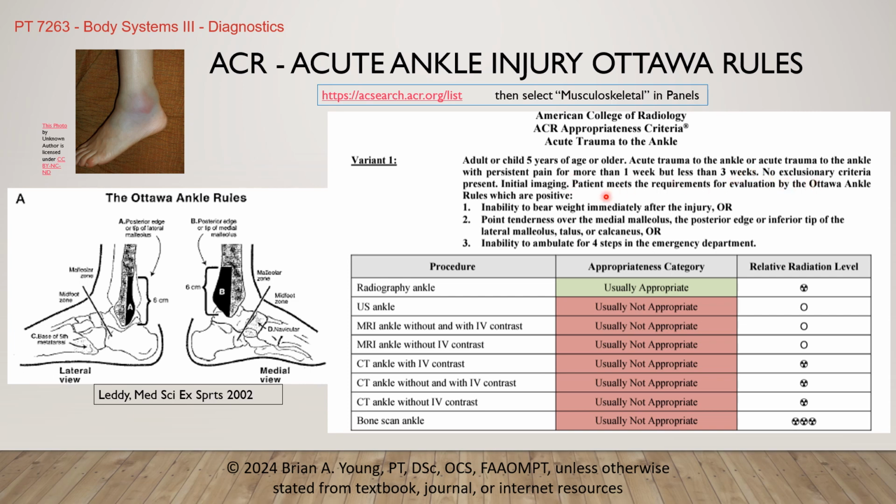Nothing exclusionary is present, and so for initial imaging, when the patient meets the Ottawa rules, radiographs are usually appropriate. A fair amount of radiation here, but nothing else is appropriate at this point. Let's start with radiographs to initially determine what might be preventing them from bearing weight, and causing this tenderness and pain with palpation, etc.